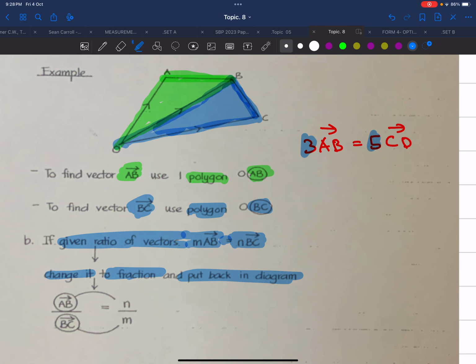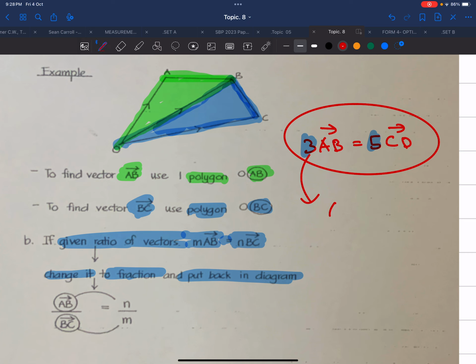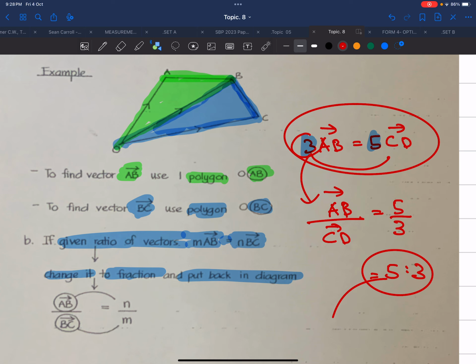You must change these to a fraction. So that means the vector AB divided by the vector CD. Take the 3 to the other side. It will be 5 over 3, which is the ratio 5 to 3. And this number, you must put back in the diagram of the question.